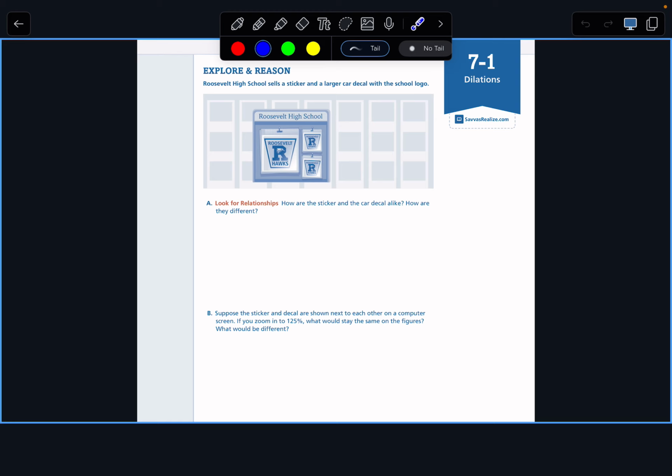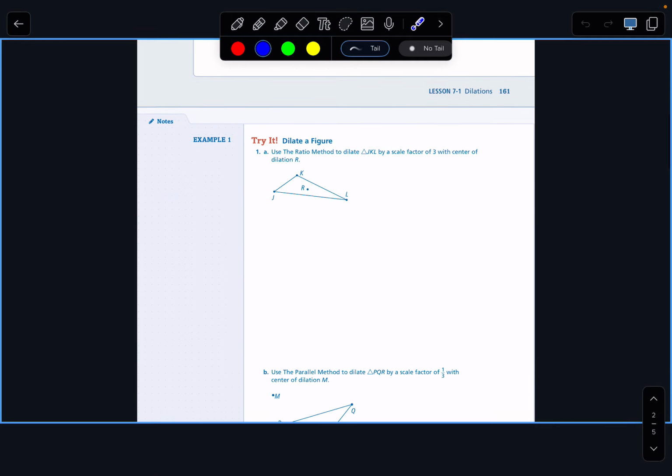We know that a dilation takes a shape and stretches it or shrinks it, right? Somebody said enlargement. You might have said reduction in one of your conversations. Our beginning and ending result, those are similar figures, and that's this whole chapter that we're going to do this week and next week.